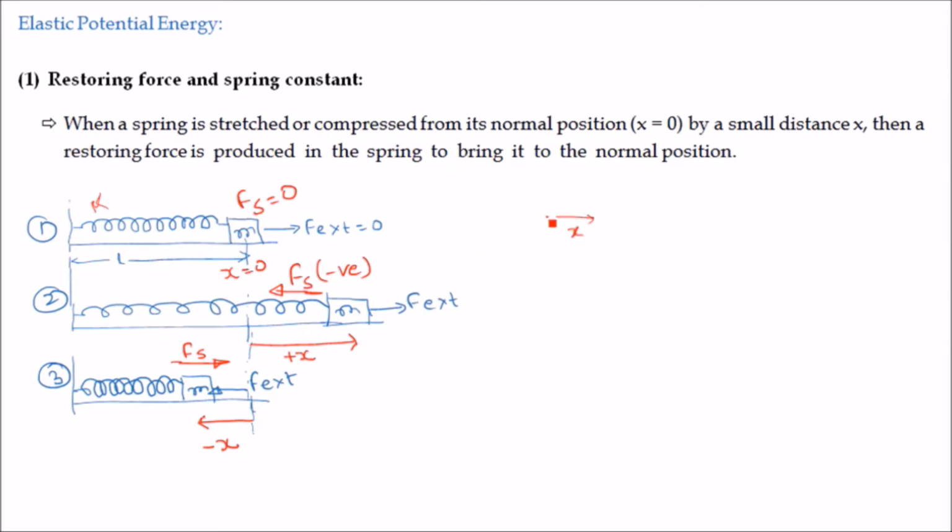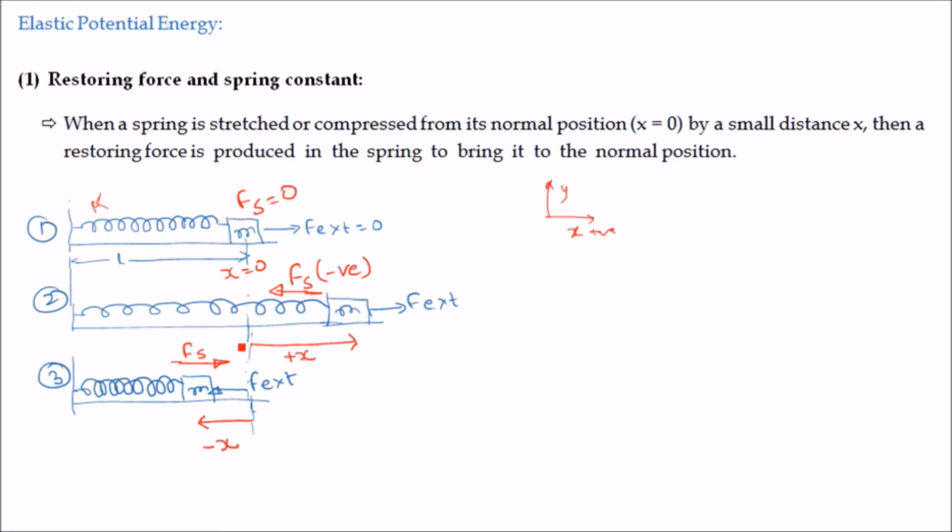If you consider this as the x axis and this as the y axis, then the restoring force is produced towards the minus x axis, and this restoring force wants to nullify the expansion of this spring. Similarly, here as the compression is produced in the spring, the restoring force will be towards the positive x axis, which wants to nullify the compression.